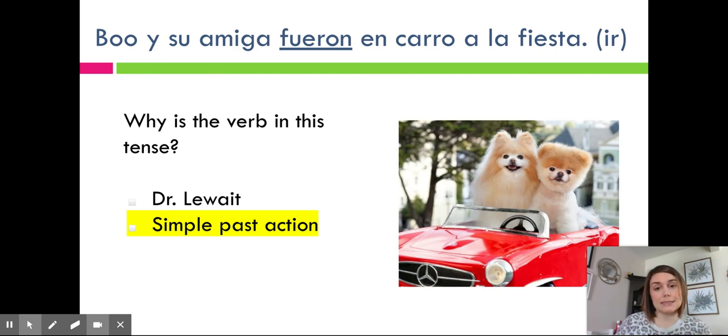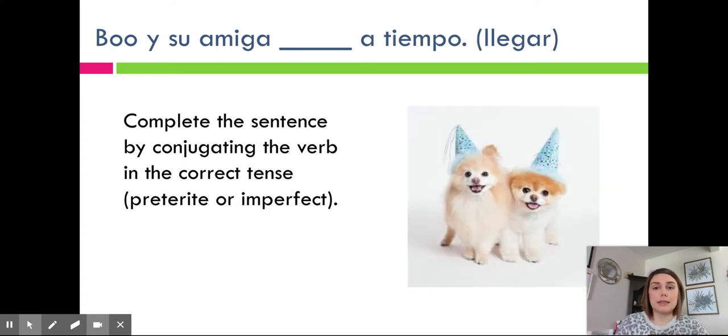So fueron is the preterite form of ir, and it's because they went to the party in a car, okay, or in the car to a party. But regardless, this has a start and end time. We can probably, if the Ring camera was out, we would see exactly what time Boo and his friend left in the car. As irresponsible as it is for a dog to drive, we could figure it out by looking at the time. Now try this one.